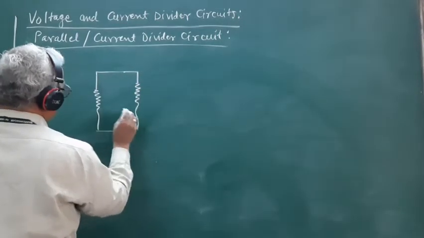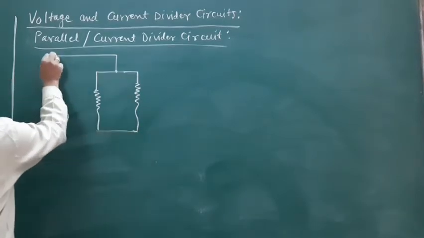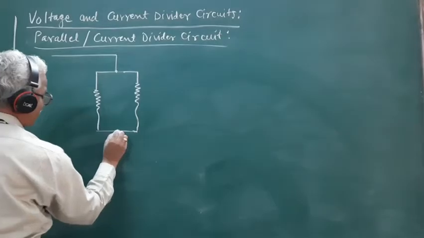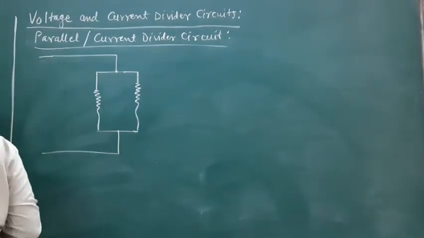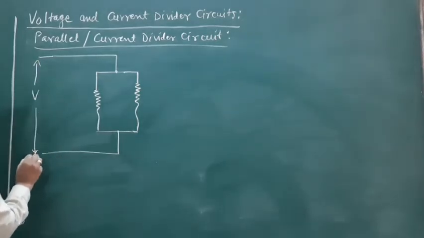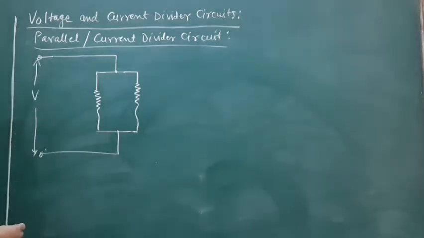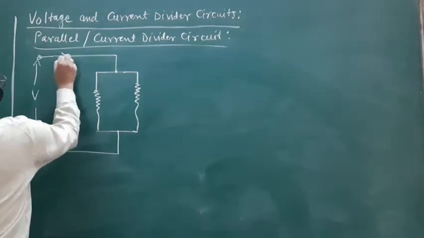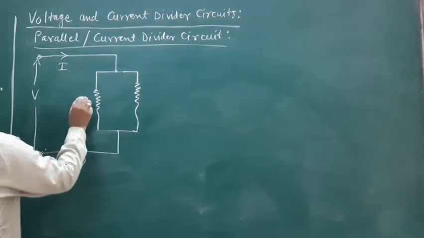like this, one end of each resistor is connected together and the other ends are connected together, and across this parallel combination, if a certain source of EMF is applied, then let I be the total current drawn from the source.